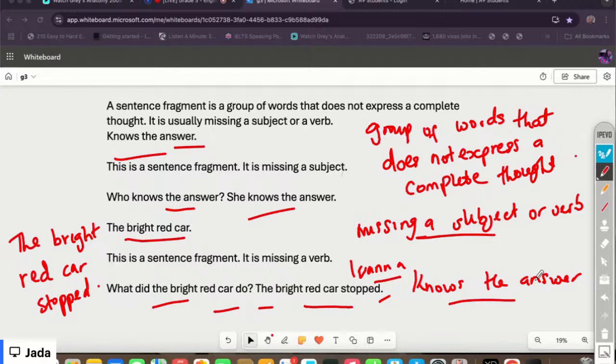Okay, so let's see. What are your sentences? You can leave your sentences on the chat.